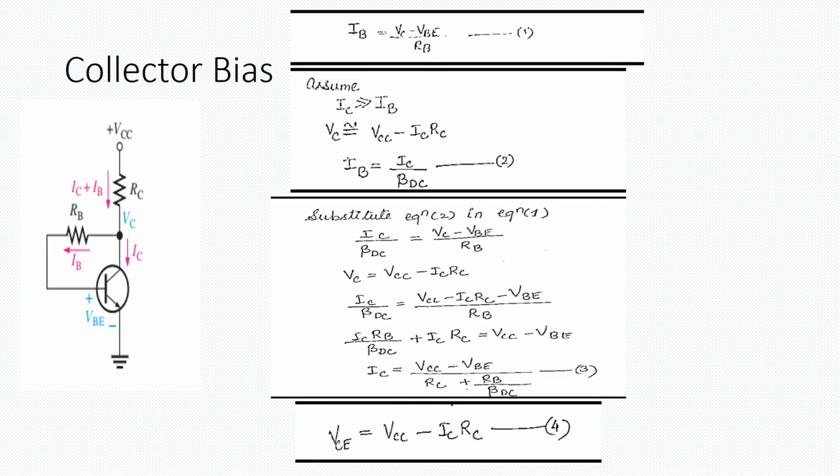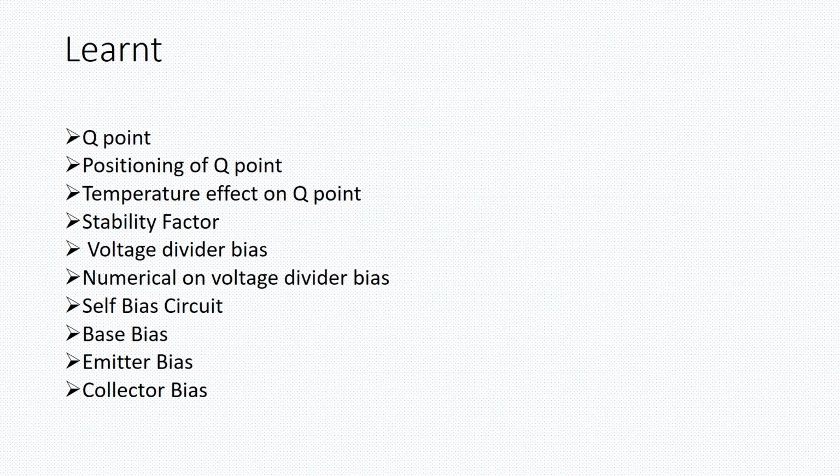IC is equal to VCC minus VBE upon RC plus RB upon beta DC. Now coming to find out the value of VCE, this is nothing but the difference between these two voltages, VCC minus VC.